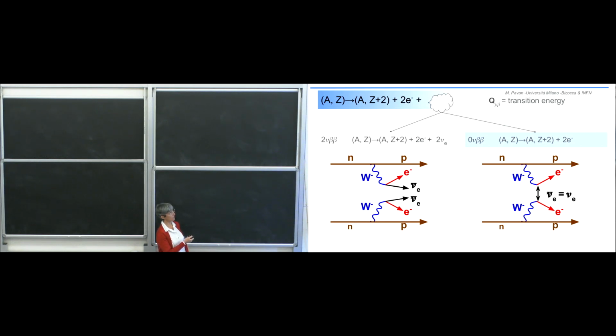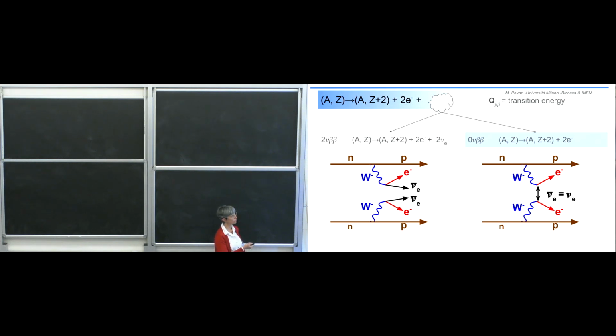It is a second order transition, we say, because you emit 2 electrons, and for sure it is possible in the channel that we call 2 neutrino double beta decay. And this is the Feynman diagram. What we are interested in is the channel in which the 2 neutrinos are not emitted. This is the transition, or if you prefer, its Feynman diagram, and we call it neutrinoless double beta decay.